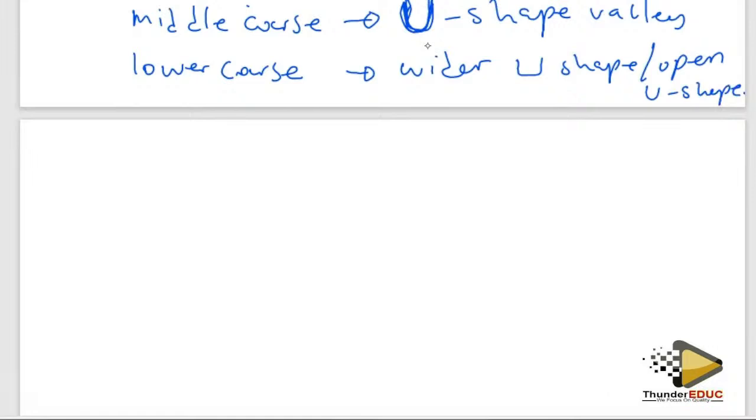As we saw earlier, the lower course is almost very flat and very wide. The middle course forms a U shape, which is a bit deep. Okay.